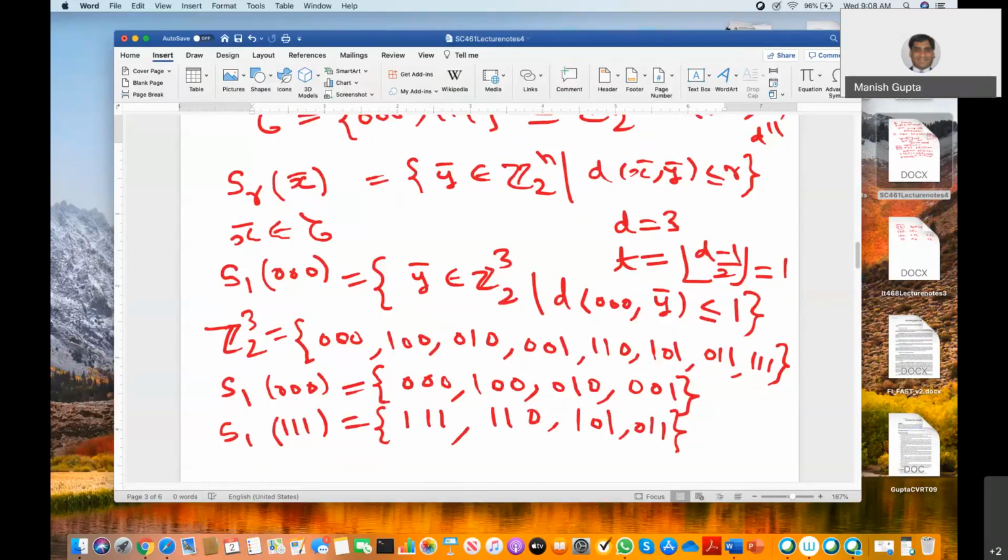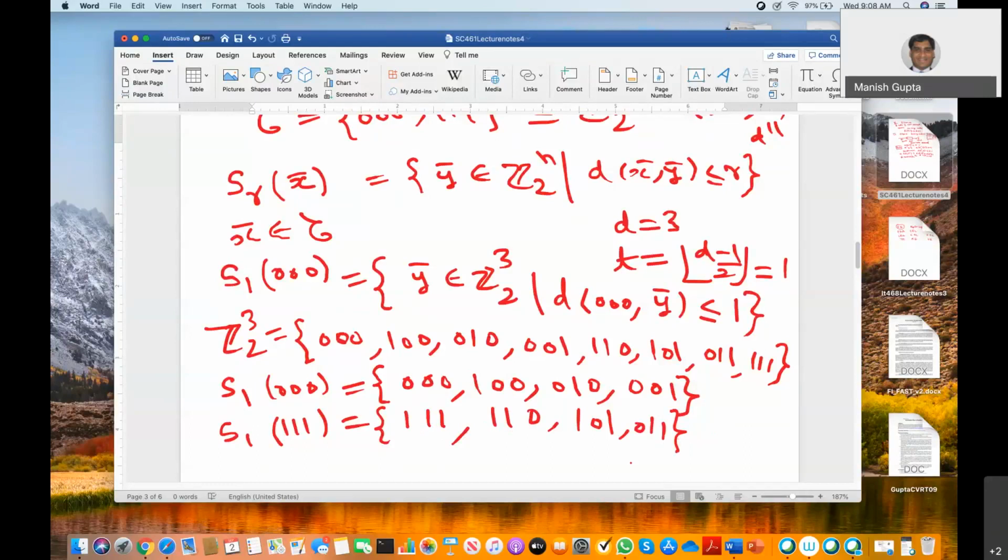The distance between 111 and 111 is 0, so we have to include that. Then the distance between 111 and 110 is 1, and it is more than 1 for all other vectors. So these are the two spheres.